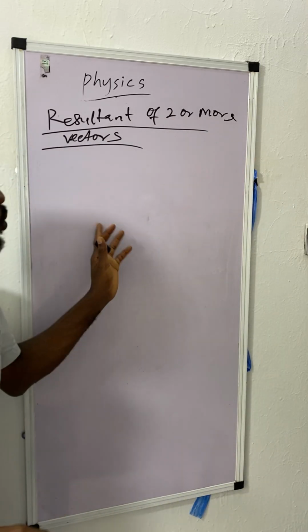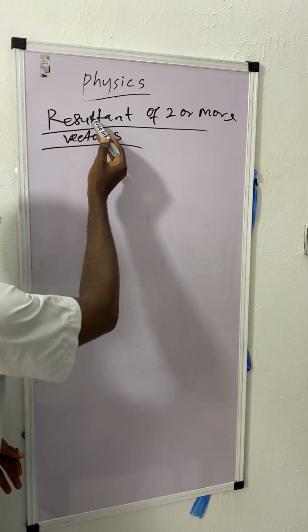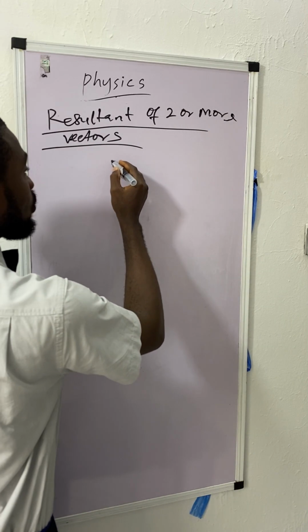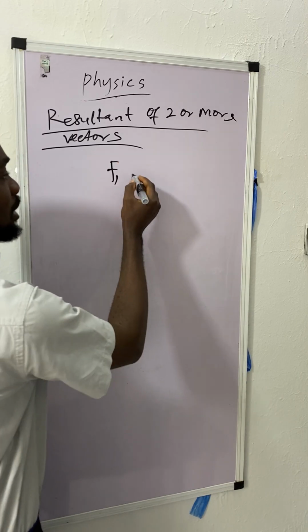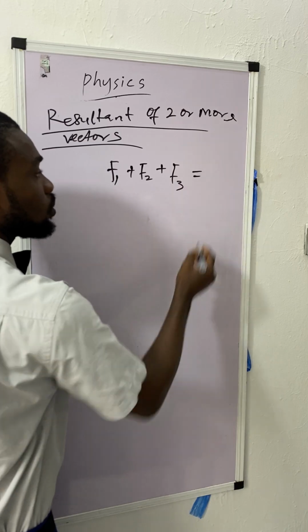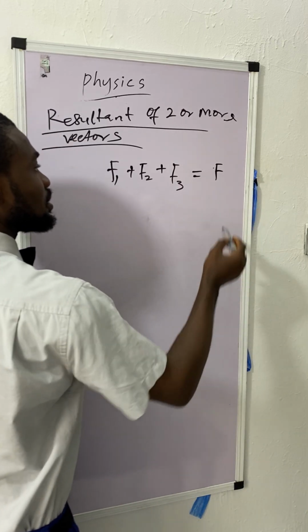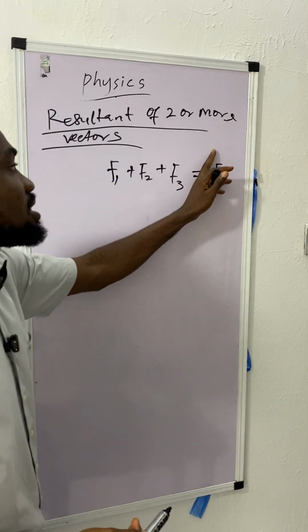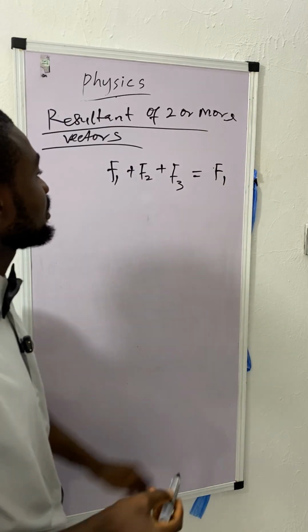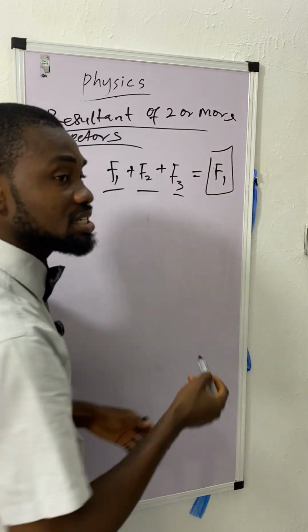It means when you add two or more vectors, it gives you the same effect as a single vector. You add force 1 plus force 2 plus force 3, for example, equal to a single vector. So this is the resultant vector. What is a resultant vector?